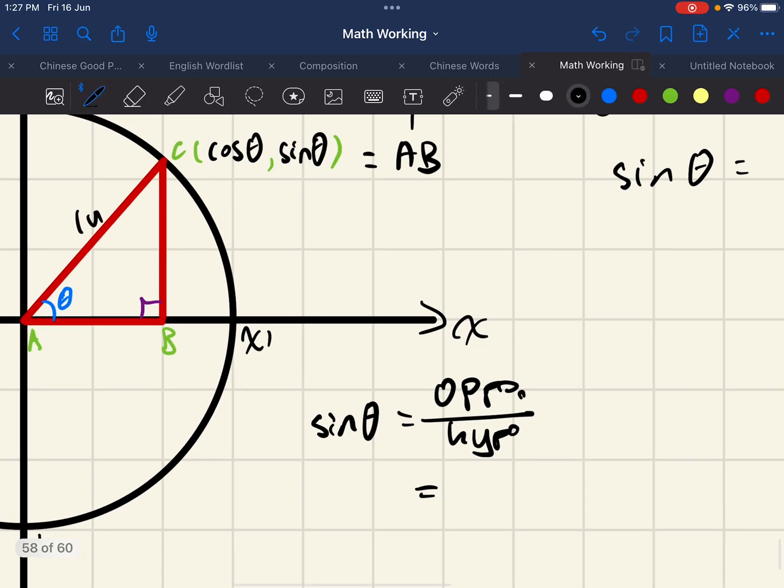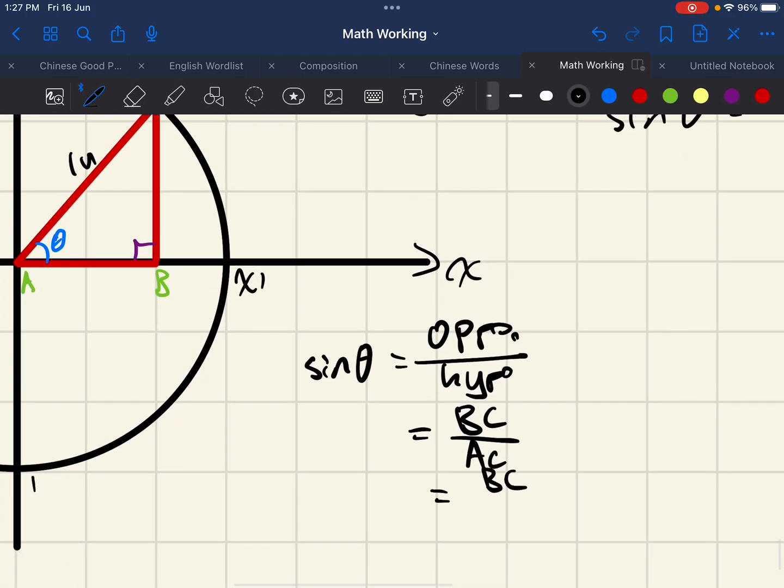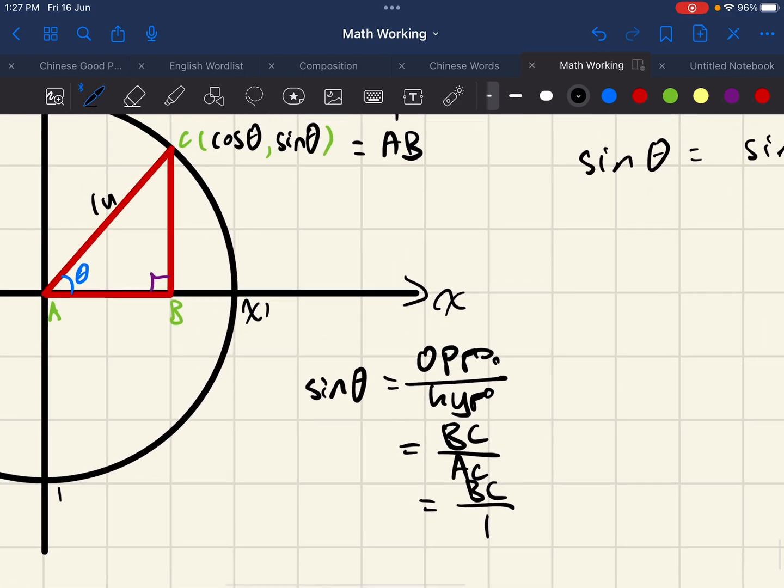Now to find the length of BC, remember sine is opposite over hypotenuse. So opposite is BC over hypotenuse AC, which will give me BC over 1, which equals BC. So sine theta equals BC.